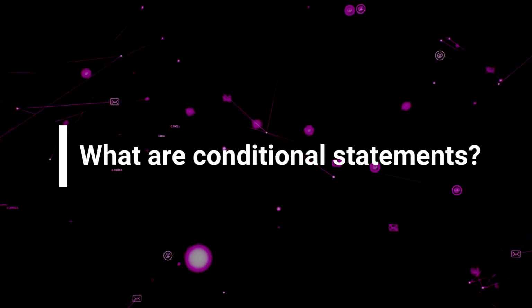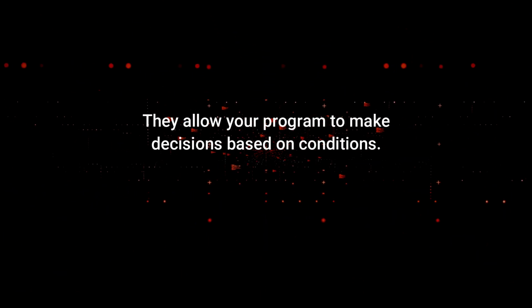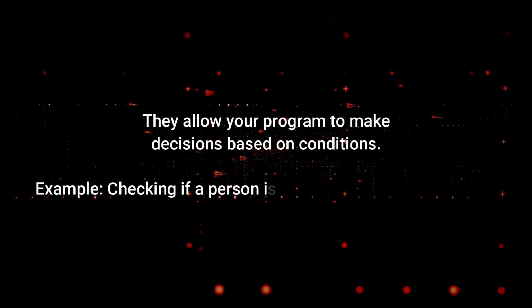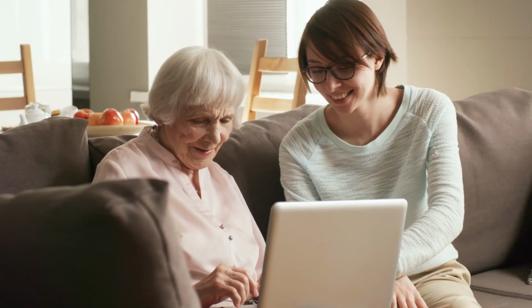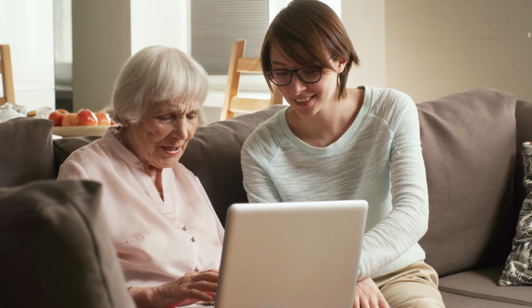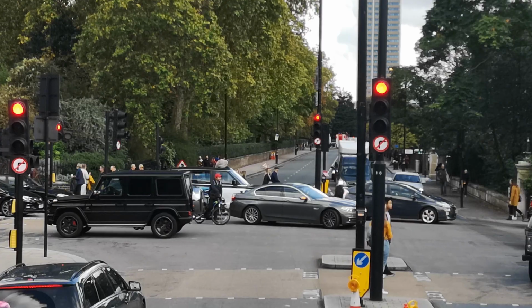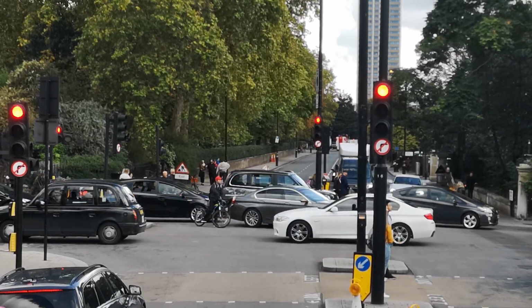So first of all, what are conditional statements? They allow your program to make decisions based on conditions. For example, checking if a person is eligible to vote based on their age. Let's understand conditional statements with a real life example. Imagine you are at a traffic signal.